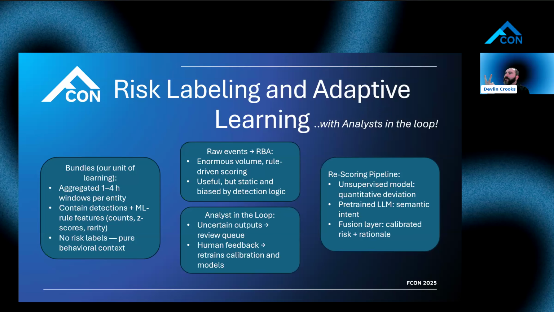So we're going to use two brains here. We're going to use an untrained, unsupervised model that uses quantitative deviation that feeds on the output of many of our machine learning rules, as well as any of the risk rules that we have firing. And then we're going to have a pre-trained LLM that interprets semantic intent. And then their outputs are going to be fused together into a single collaborated risk score.